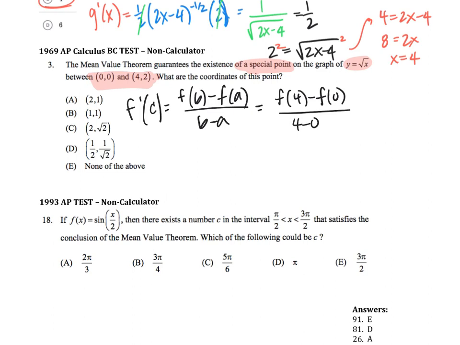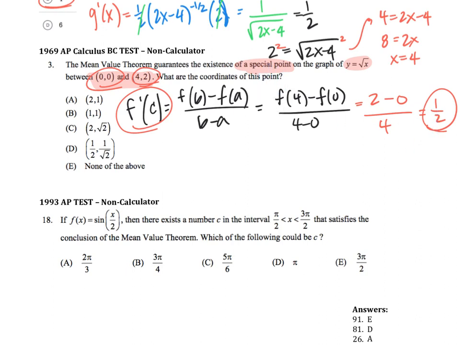F of 4 is going to be 2. F of 0 is 0. 4 minus 0 is 4. So my slope has to be 1/2. My f prime of c, my slope, is going to be 1/2. At what x value is what it's asking. What is that special point that has this slope?